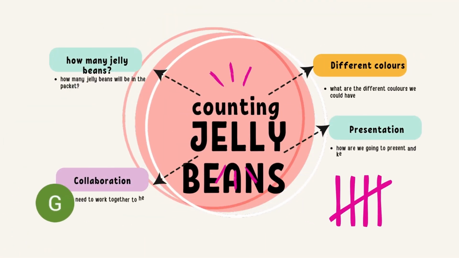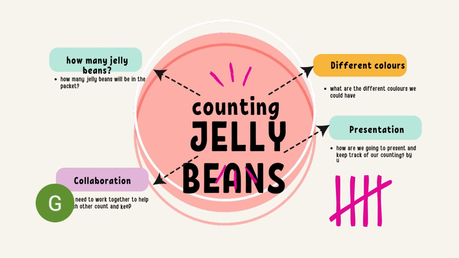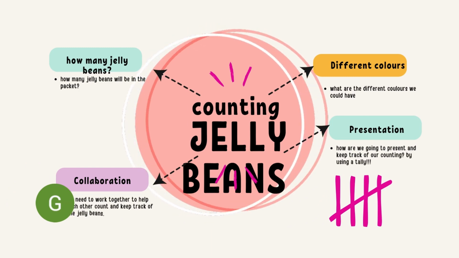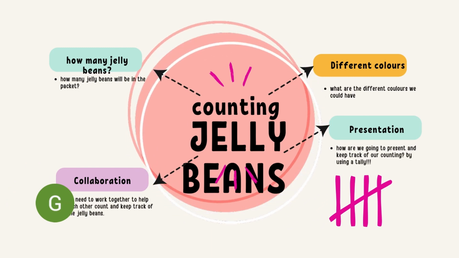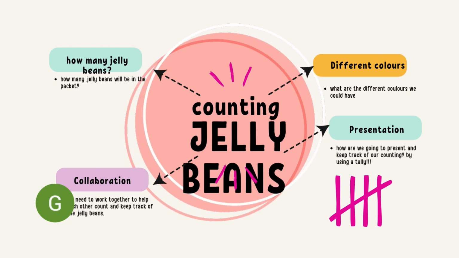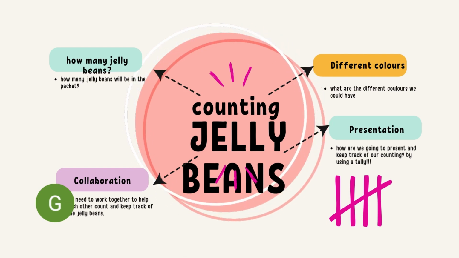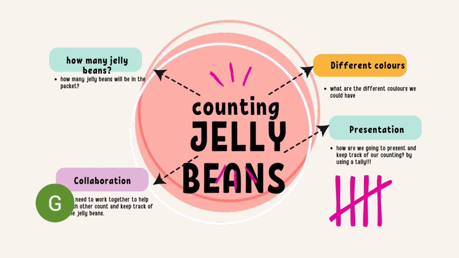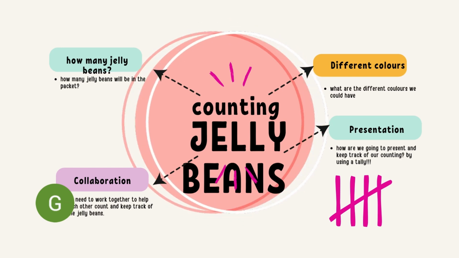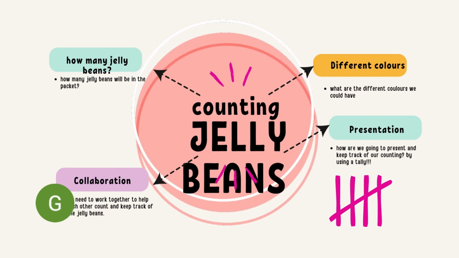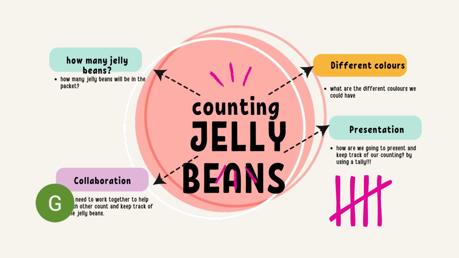Oh my goodness, we are counting jelly beans. What are we going to find out? We're going to find out how many jelly beans there are going to be in the packet. What are the different colours that we could have in a packet of jelly beans?